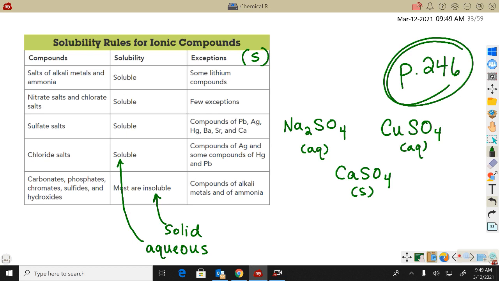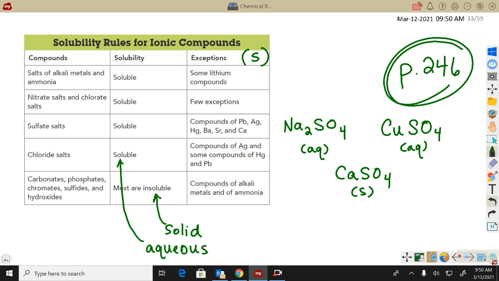Oh, okay, I kind of get that. Same thing with chlorides. Most chlorides are soluble. Most chlorides are aqueous. There are just 3 that typically don't. Silver chloride, mercury chloride, and lead chloride are exceptions. So silver chloride would be a solid, but something like copper chloride would be aqueous.